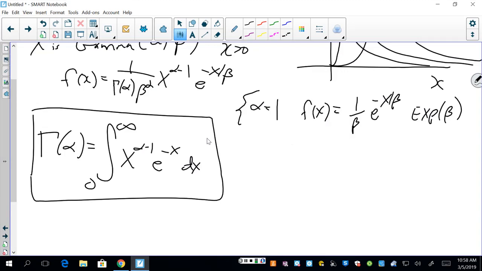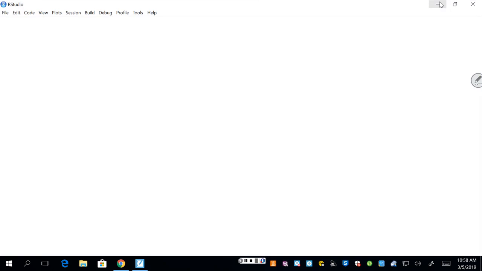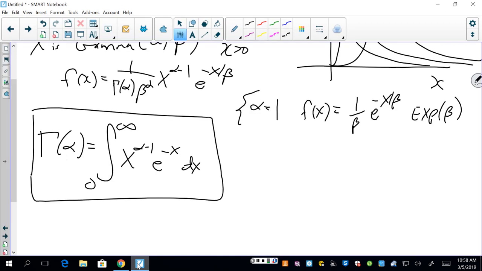RStudio is going for a minute here. There's a function for calculating gamma that you can put in. That'll get going in a minute. There's a relationship that you can show with integration by parts that gamma of alpha plus 1 is alpha times gamma of alpha. If you have gamma of alpha plus 1 and do integration by parts, you can reduce the exponent by 1 and produce the next term in the sequence, and there's an extra alpha in there.